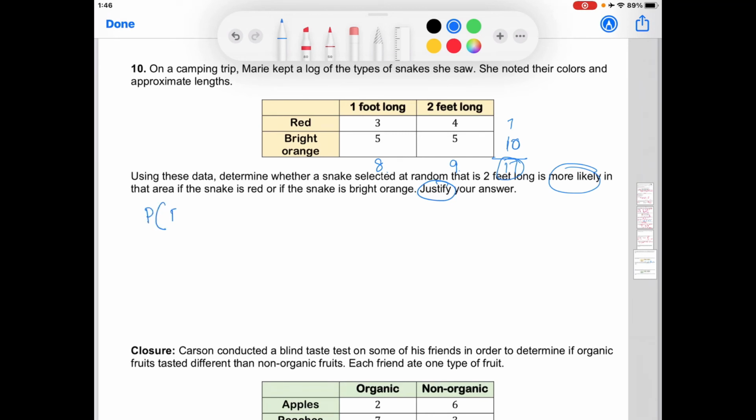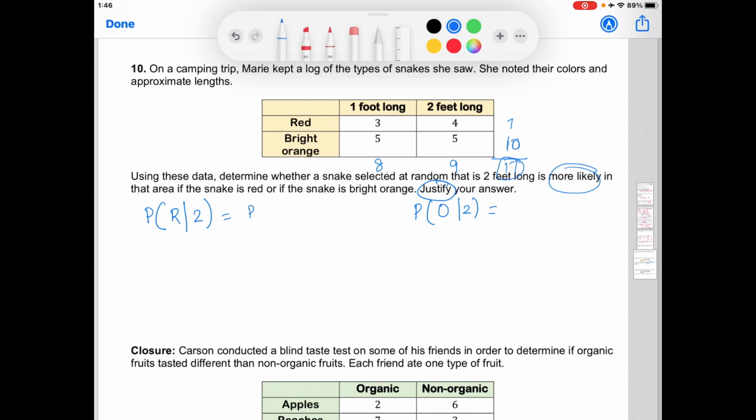So probability of a red snake given it's 2 feet long, and we have to find a probability of an orange snake given it's 2 feet long. So I have to find the percentage or the decimal for both of them, and then compare which is more likely to happen.